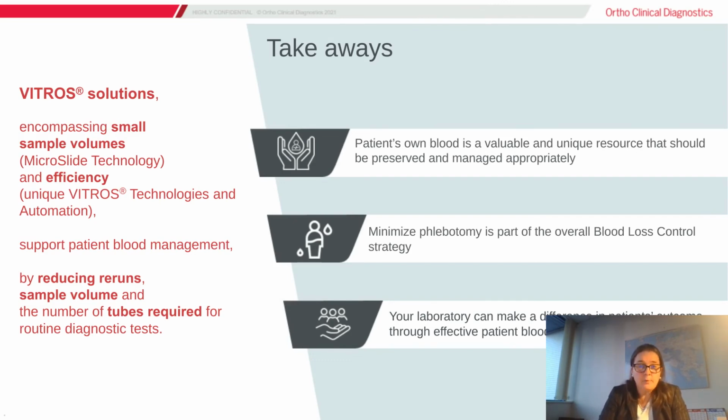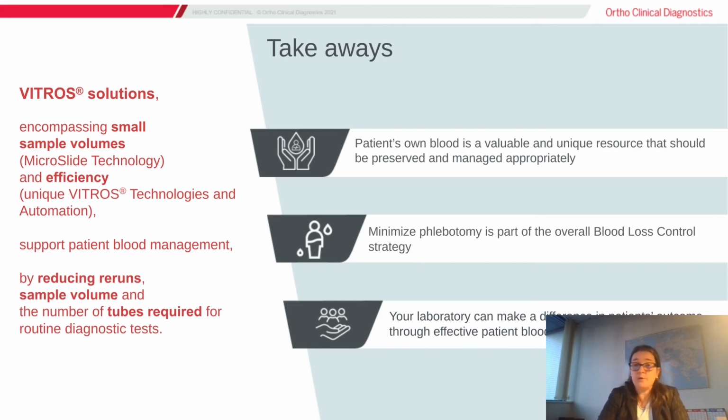Reducing volume and or the number of collected blood samples is part of the overall blood loss control strategy. But the nice part is that your lab, every lab, can make a difference in patients' outcome through the application of effective patient blood management practices and strategies.